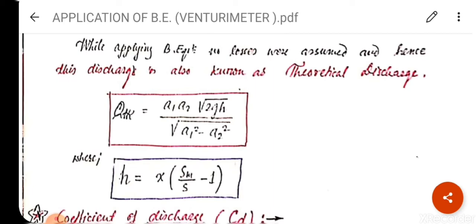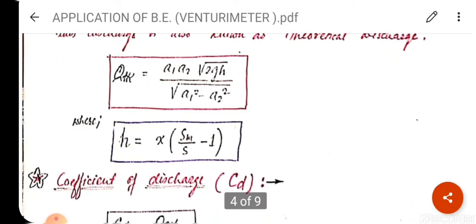Clear? So Q theoretical will be A1 into A2 under root 2gh upon under root A1 square minus A2 square, where the value of h is nothing but x into, in the bracket, Sm upon S minus 1.